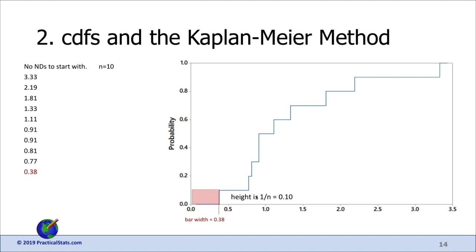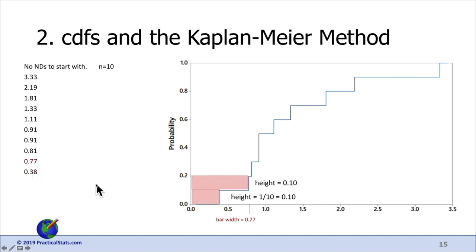Each of these observations has an equal weight. There's 10 of them, so its height is going to be 1/10. So this jumps up to holding 10% of the area, if you think of this rectangle here that has a color as the area representing that value of 0.38.